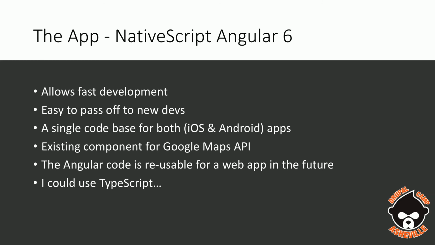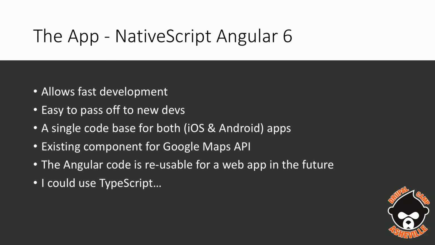Going from 4 to 6, they use a different HTTP client, and the app uses HTTP client in a service to make the request. So when I upgraded to 6, I basically had to rename some things to use the new HTTP client in the app. But it's pretty smooth, and Angular is pretty solid.